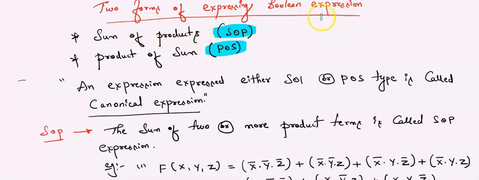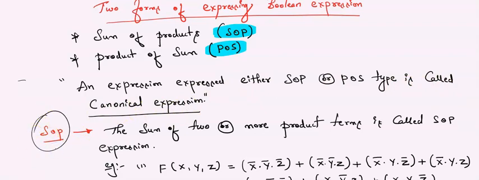One more important definition: an expression expressed either by using SOP or POS type is called a canonical expression. So you can expect this definition in your 1 mark question. What is a canonical expression? An expression expressed either by using SOP or by using POS type is called a canonical expression.